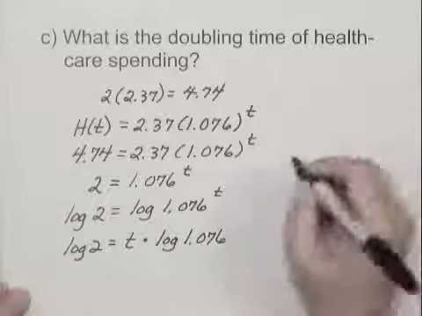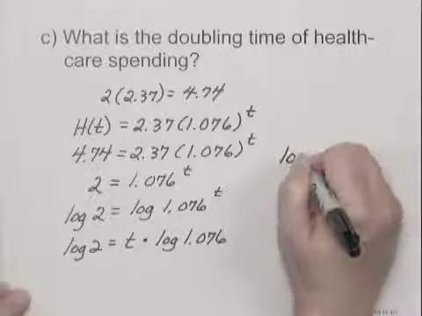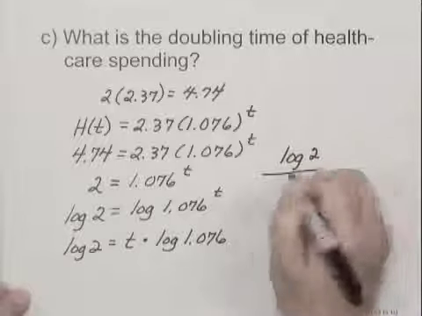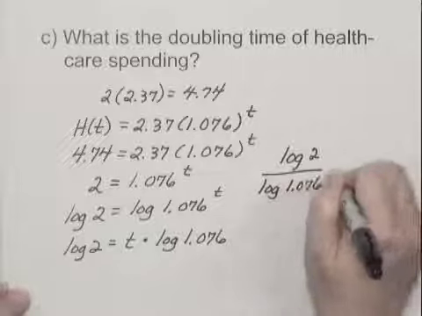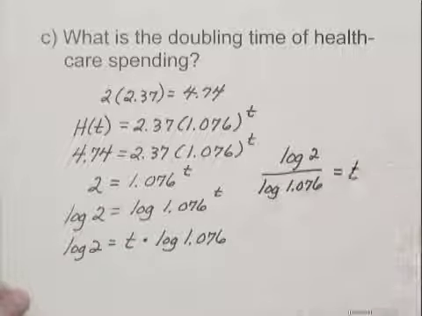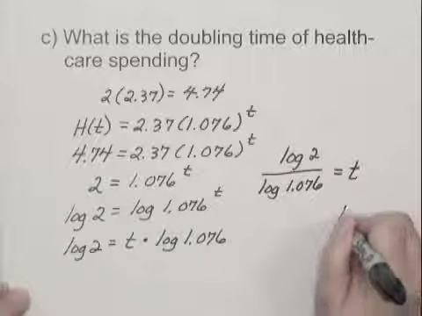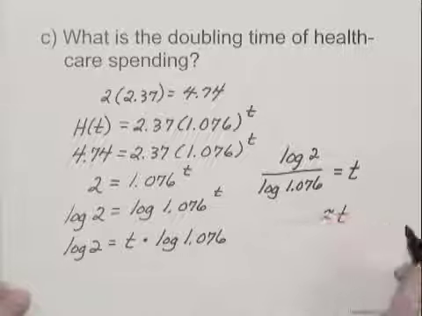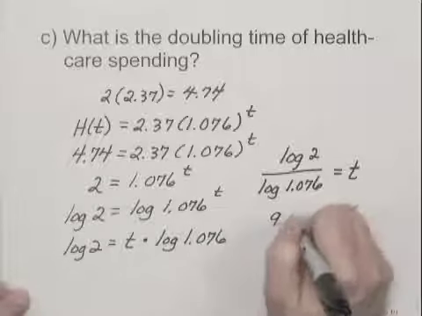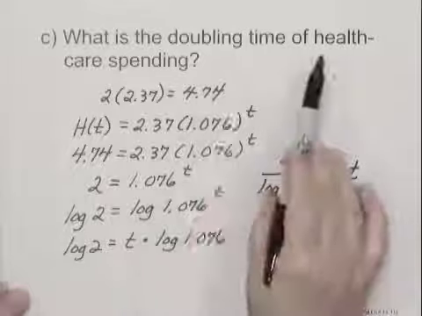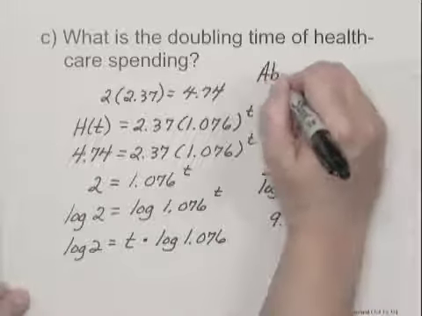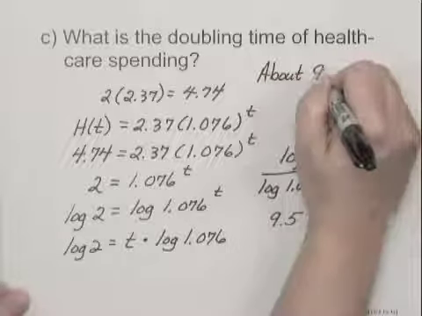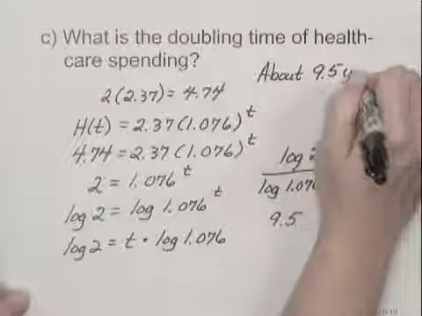We'd have log 2 divided by log of 1.076 equals t. And now as my final step, I approximate. t is approximately equal to 9.5. So the doubling time of healthcare spending is approximately 9.5 years.